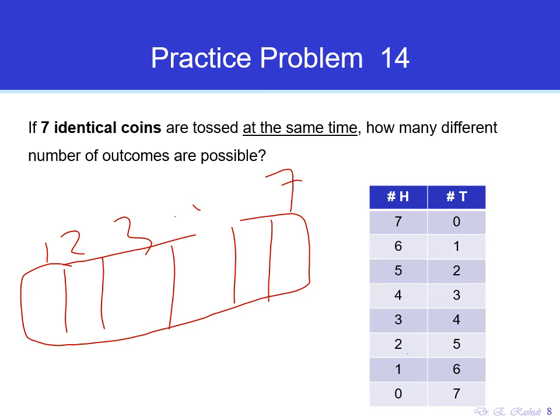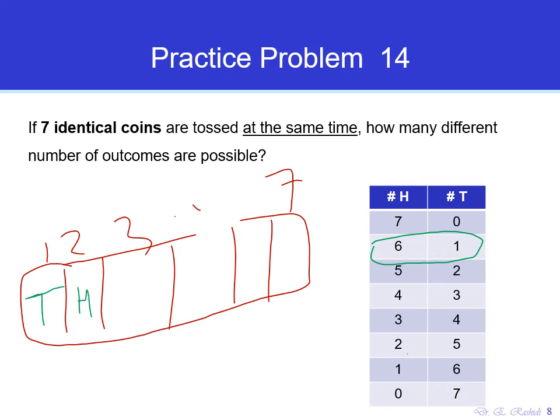Or let's see another example. So for example, here there is only one way that you can get 6 heads and 1 tail, right? It's just one way that you can do that. But in the previous question, where you can distinguish the order, you could have, for example, 1 tail here and heads here.